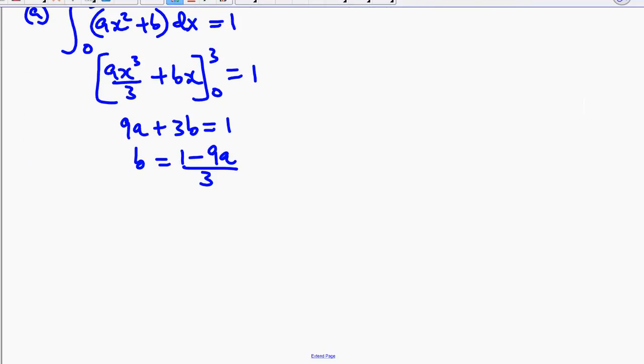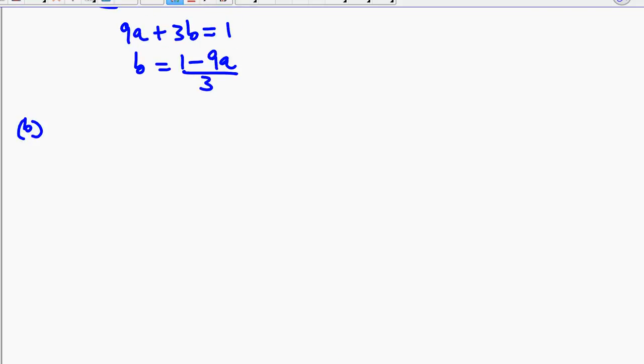Part B, they're saying that given that the median is 1, determine the value of a and b. So let's go B. The median is equal to 1. So that means the integral from 0 to 1 of ax squared plus b dx is equal to a half.